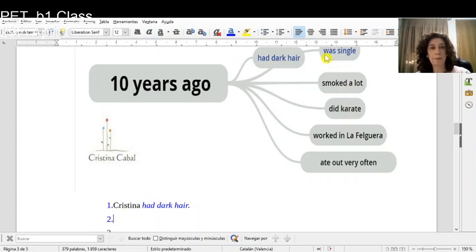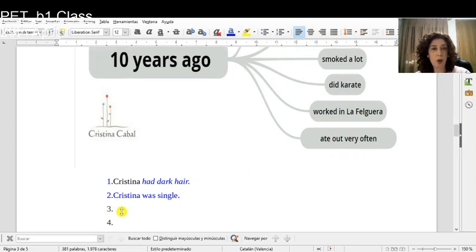Was single. What would you say? Christina was single. Now focus on the routines. Action verbs. Now they are in black color because of that. What would you say? Smoked a lot. Yeah. Christina used to, más infinitivo, smoke a lot.